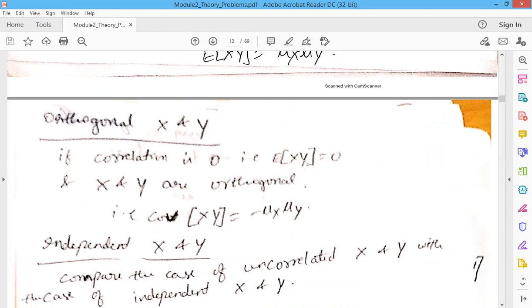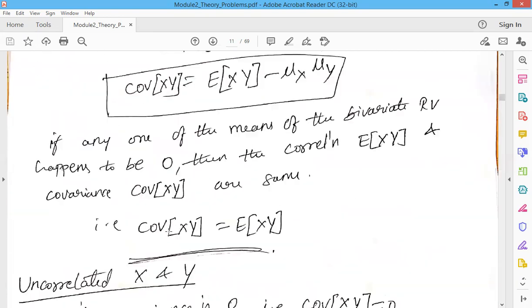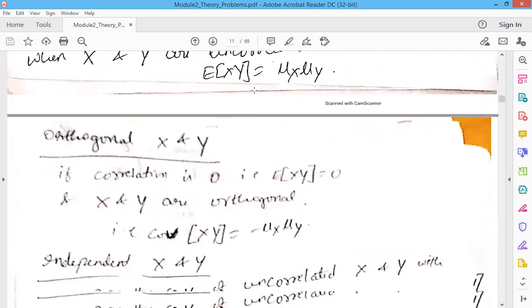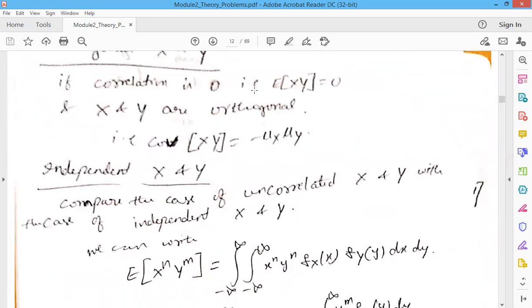Whenever this correlation, expectation of xy, is 0, it means that x and y are orthogonal to each other. In that case, in the covariance equation we have seen, whenever this is 0, covariance of xy will be equal to minus mu x mu y.